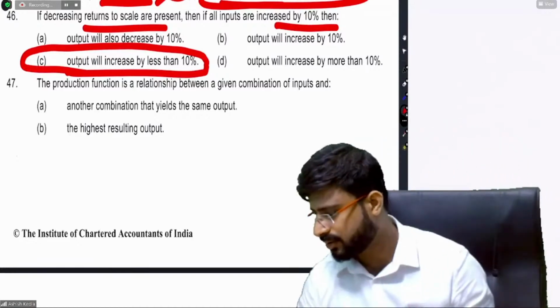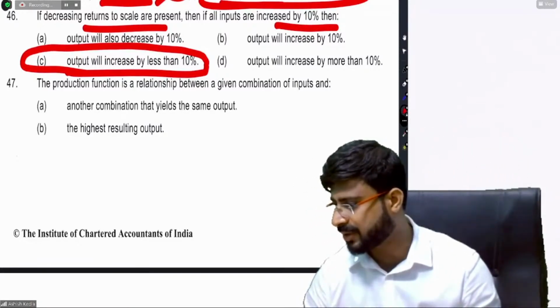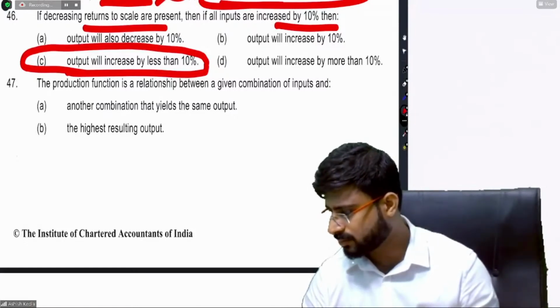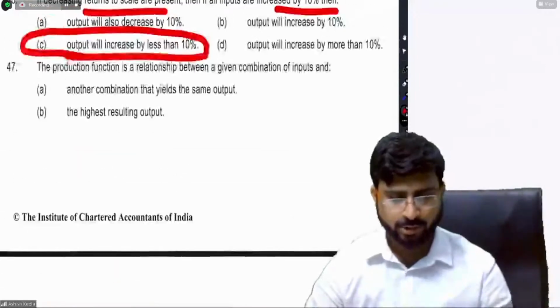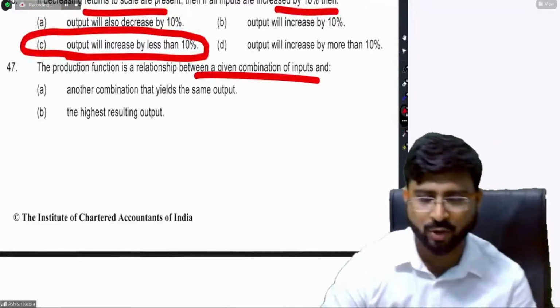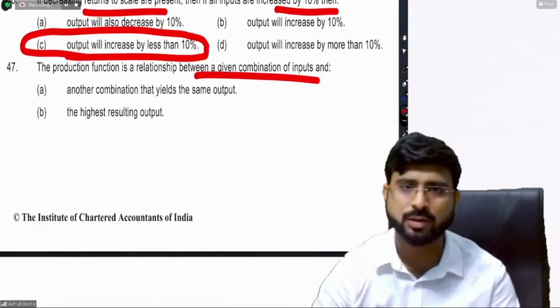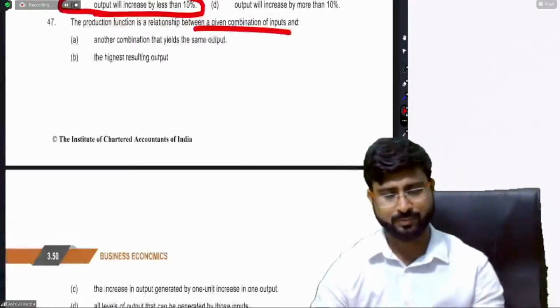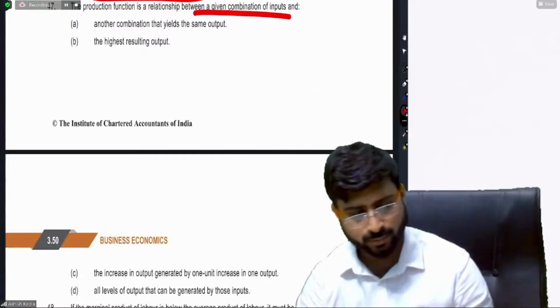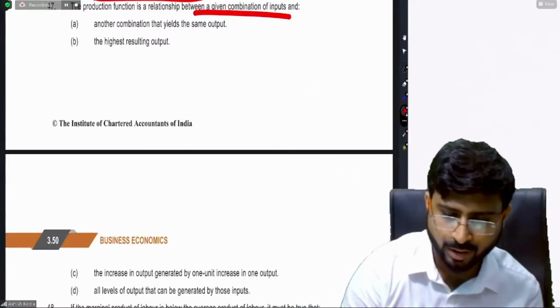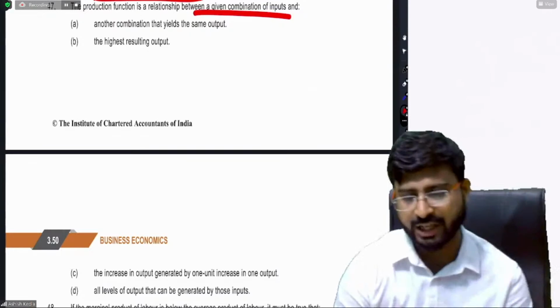Number 47. Next is number 47, everyone. The production function is a relation between a given combination of input and what? The highest resulting output.